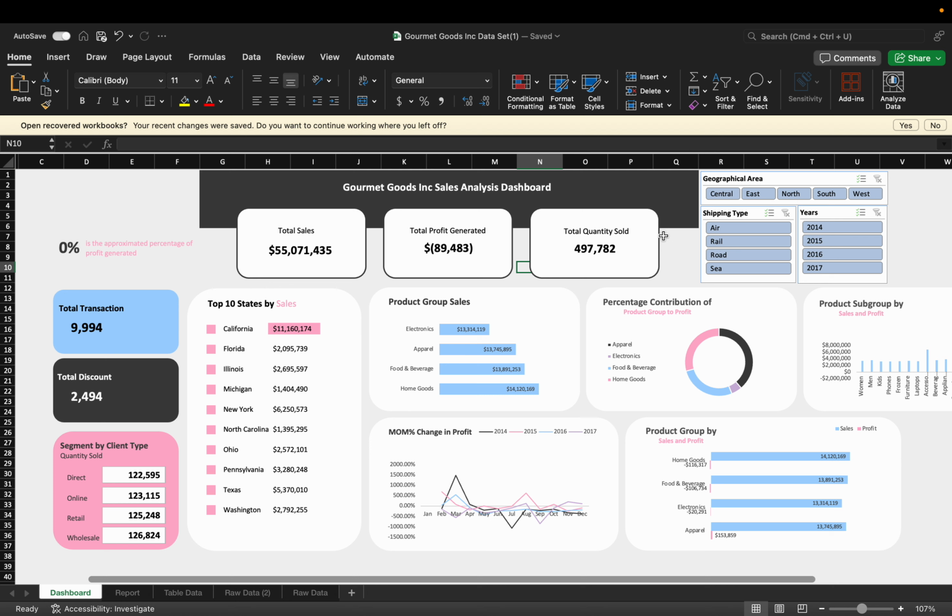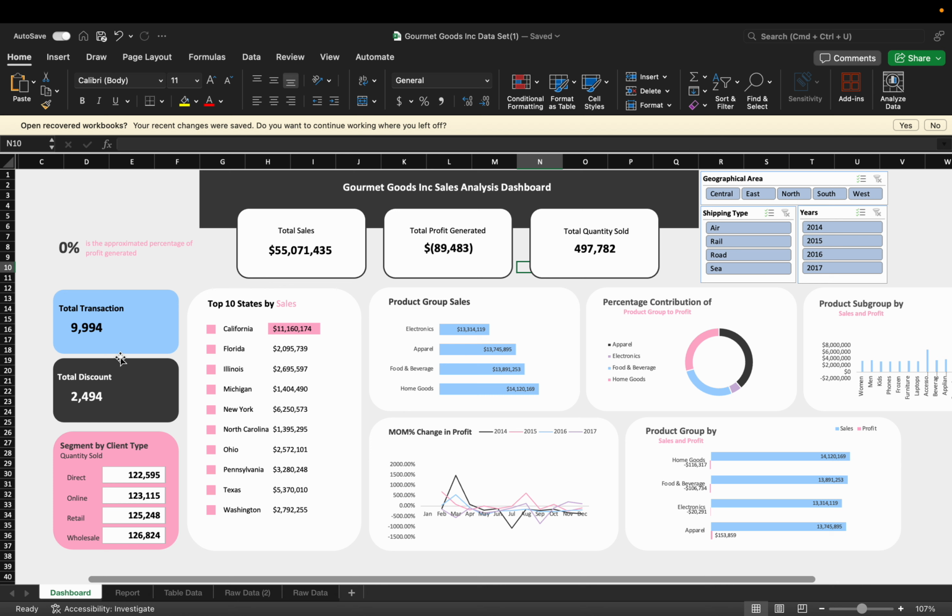On a high level, this shows that they are making sales in terms of dollar amount, but they are not making profit. Then we move on to the next section. We'll start from the left.